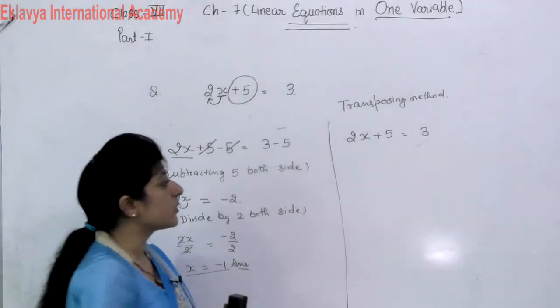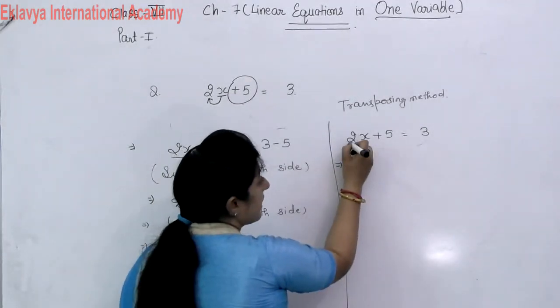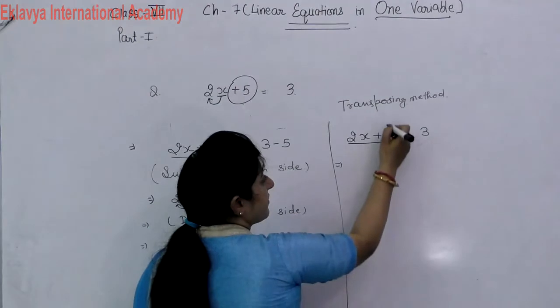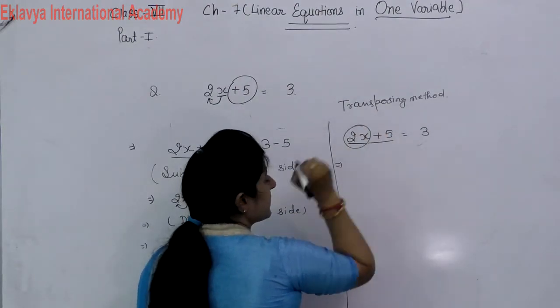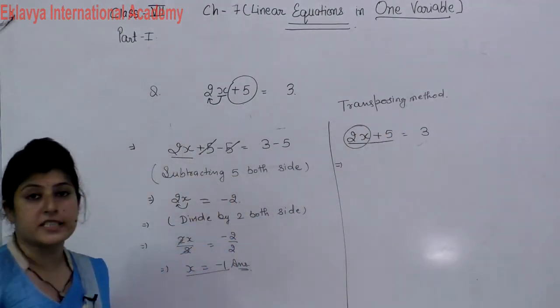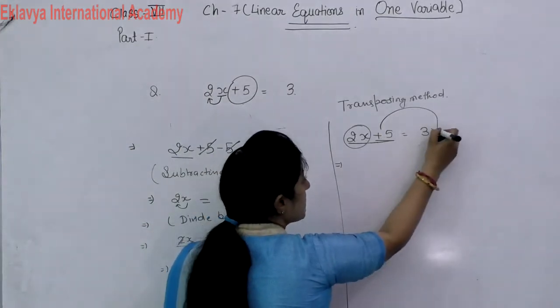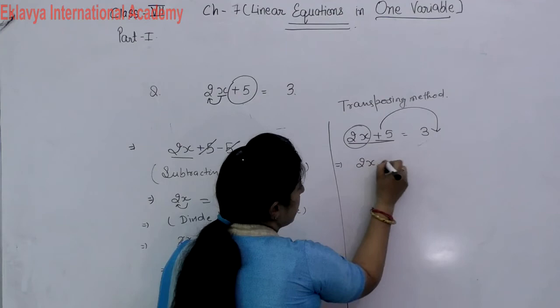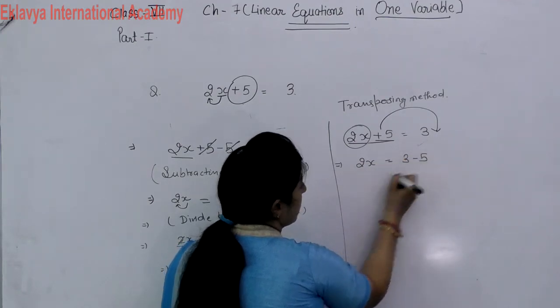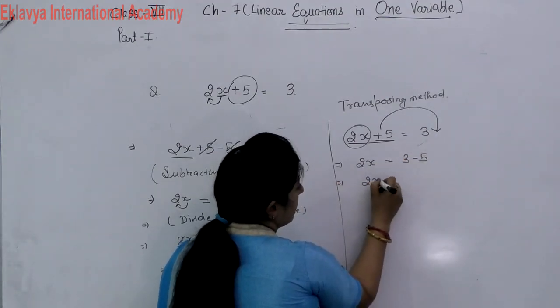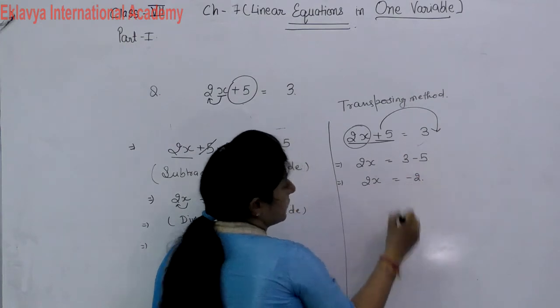It depends on the question also. See here, 2x + 5. First we have to solve for 2x. For 2x there is +5, and when you transpose it, it becomes -5. Then it becomes 2x = -2.